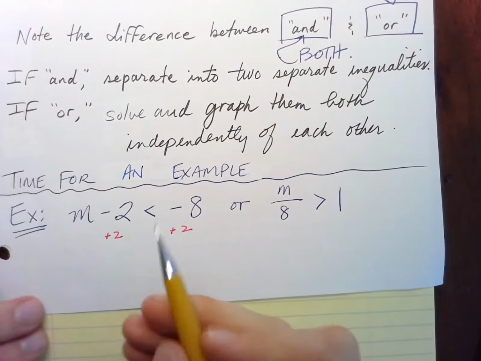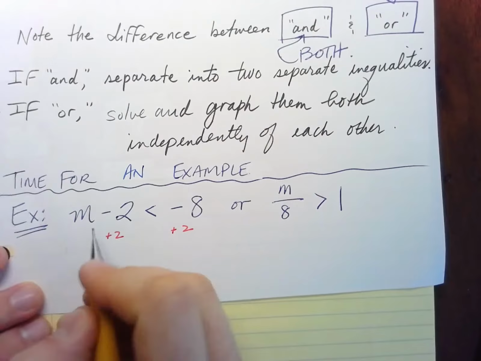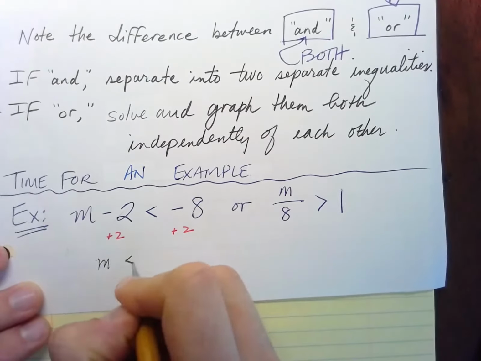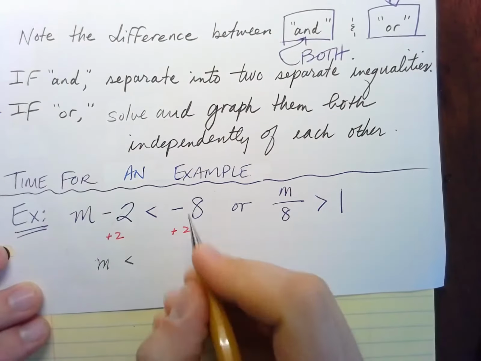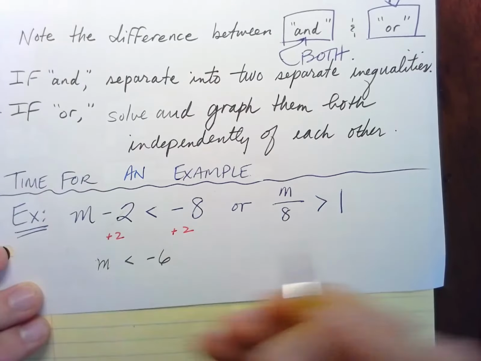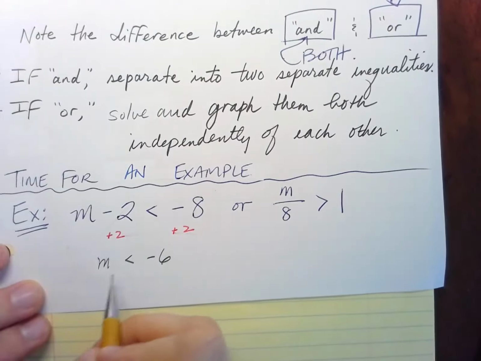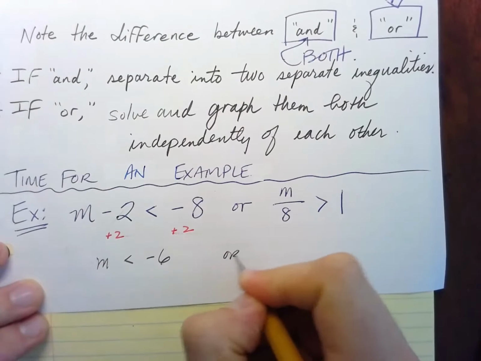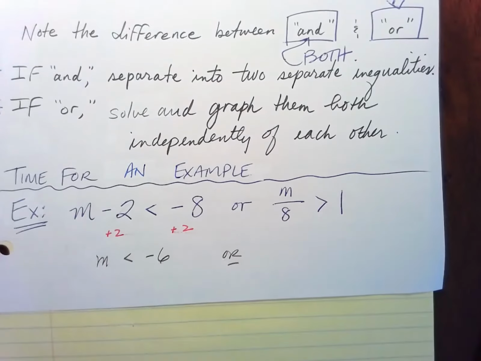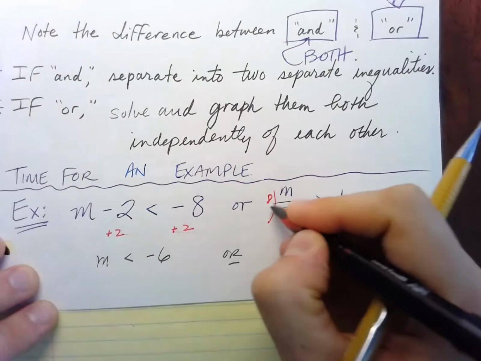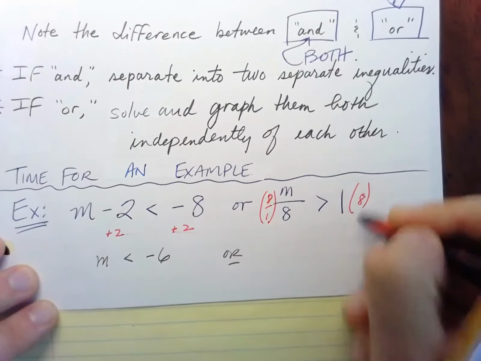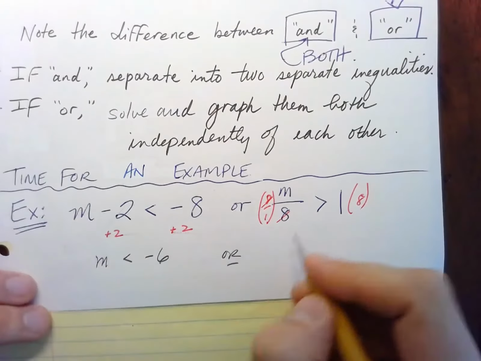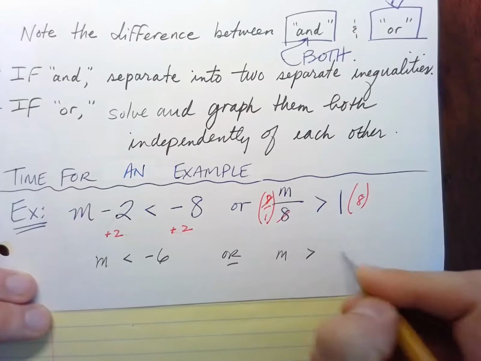All right, so that when we balance this, the negative 2 and the plus 2 go away, and I have m, and I haven't changed the sign, and I have a negative 8 plus 2 is a minus 6, so I know that m has to be less than negative 6, or, of course, here I'm going to multiply by 8, so those cancel, and so I have m is greater than 8.